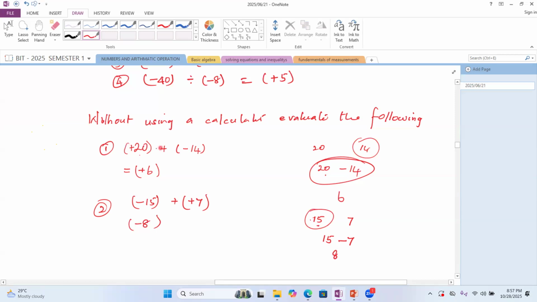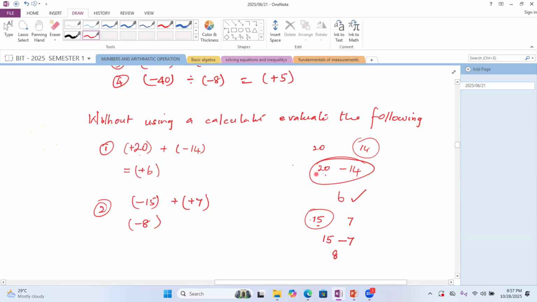These rules are only applicable to opposite signs. When adding opposite signs, first we write the numbers without sign, 20 and 14. Subtract the smaller value from the highest. 20 minus 14 is 6. 6 is the result, but we should put the sign.